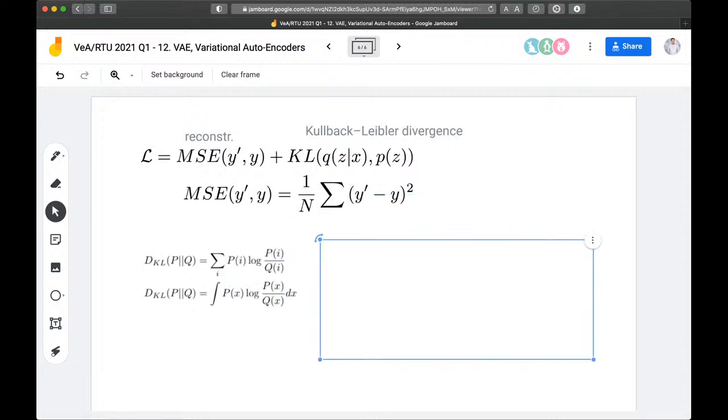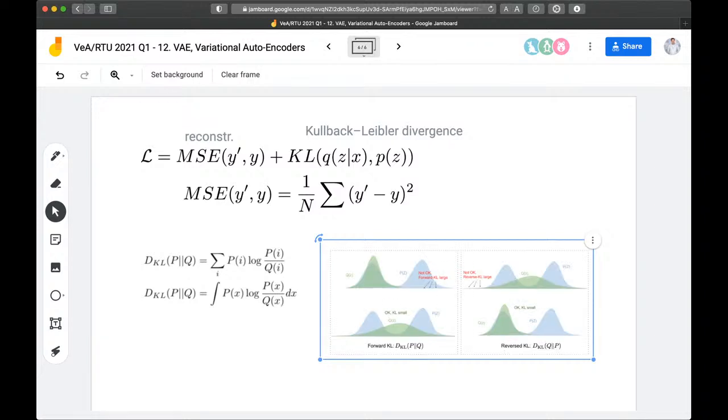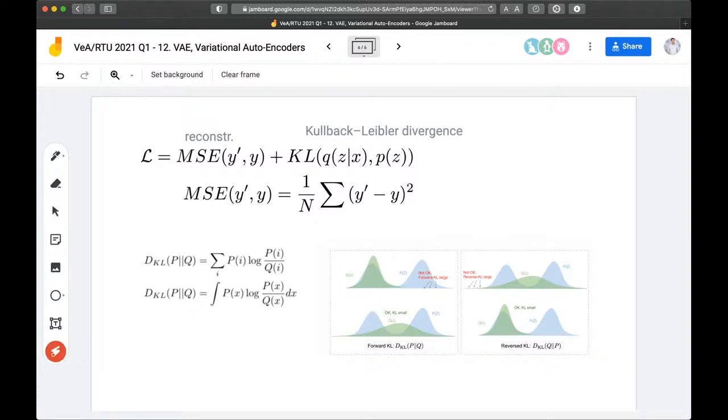In the other case, the zero will be when it's not matching. So it depends on what you want. In our case, we want it to be 0 when it's matching. So we will force the KL so that Z would always be the same. That's really something to think about.